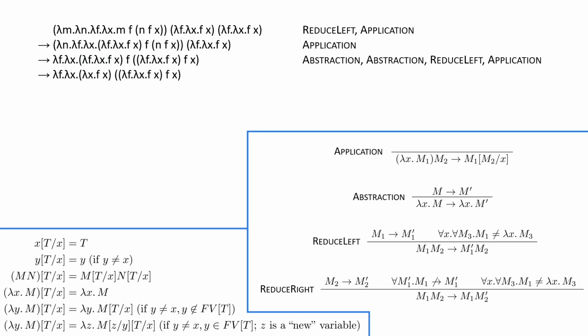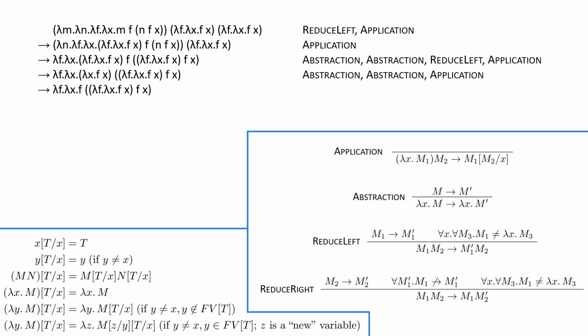Again, we have to use the abstraction rule twice to get into the body. And now we have an application in which the rator is an abstraction, so the application rule matches, since it requires that the rator be an abstraction, and neither reduce left nor reduce right match because they explicitly forbid that case. We substitute x for this entire rand.